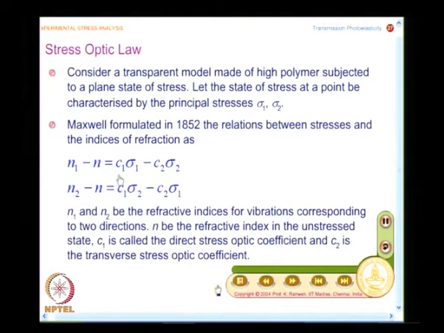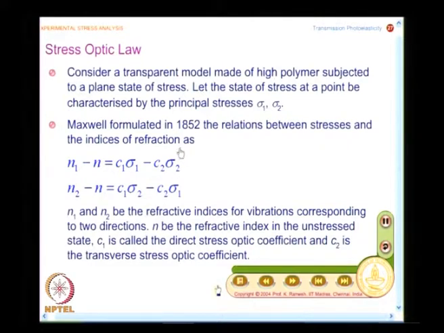He found a direct stress optic coefficient C 1, and a transverse stress optic coefficient C 2. Here n 1 and n 2 are the refractive indices of the ordinary and extraordinary ray, and n is the refractive index in the unstressed state.